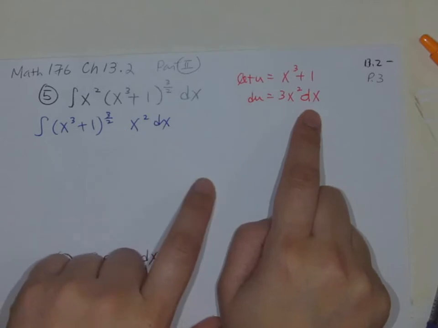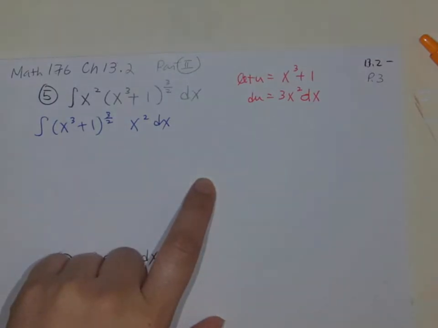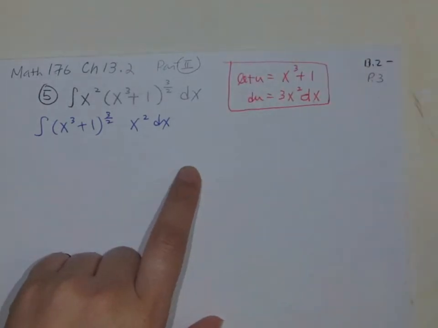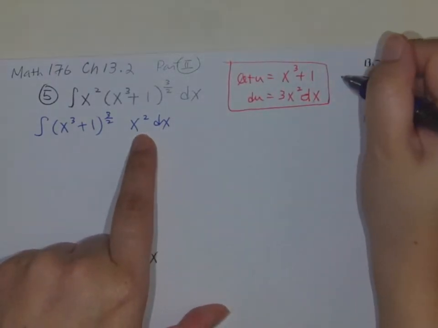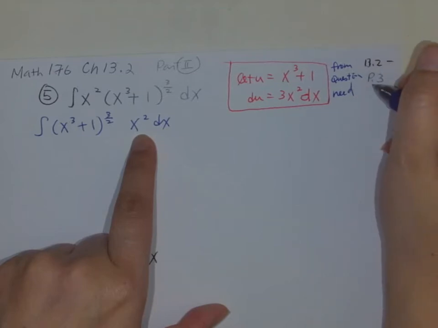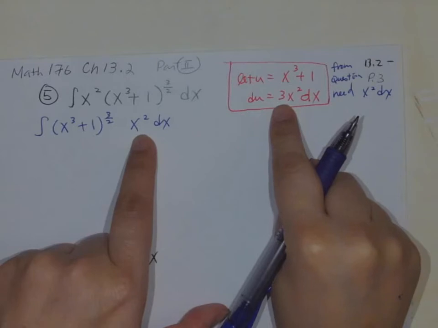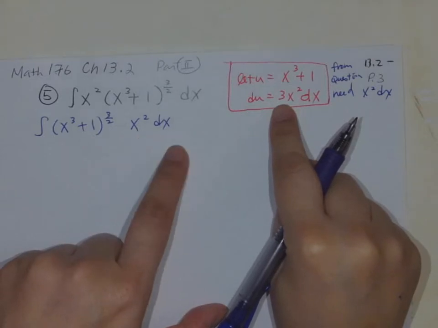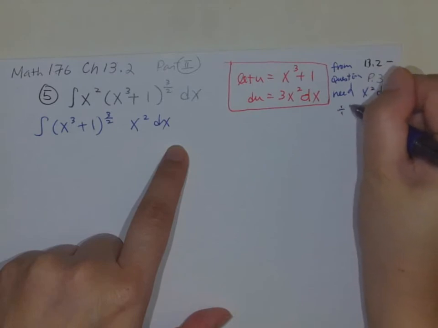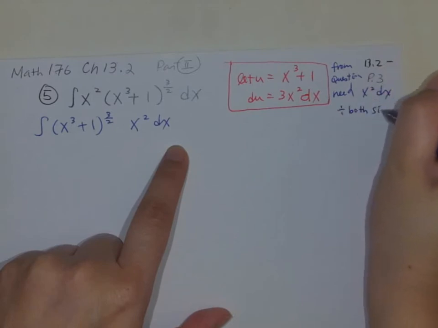So what you need to do is, because that's what we have here, I need to see x squared dx, right? But I have an extra 3 here. I need to get rid of this 3. So if I need to get rid of the 3, we can divide both sides by 3.